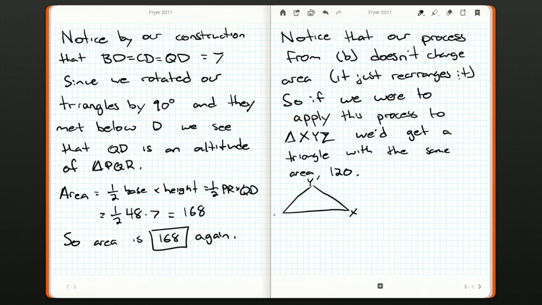That's X and that's Z. So each of these little guys is going to be 15, and this is going to be 30.